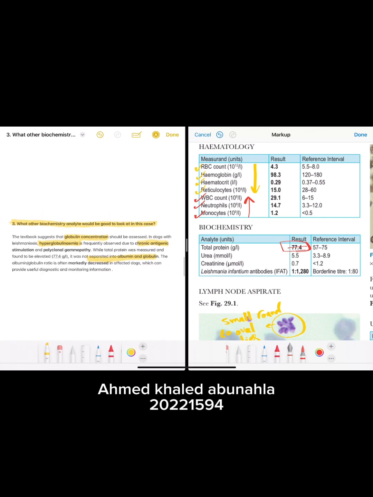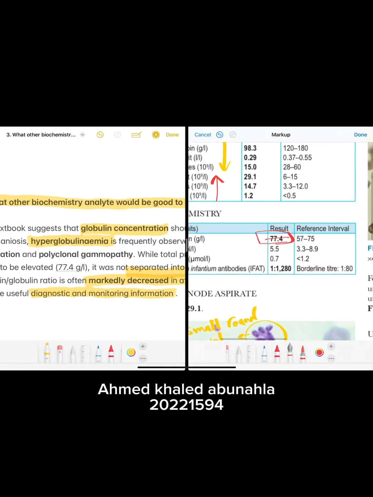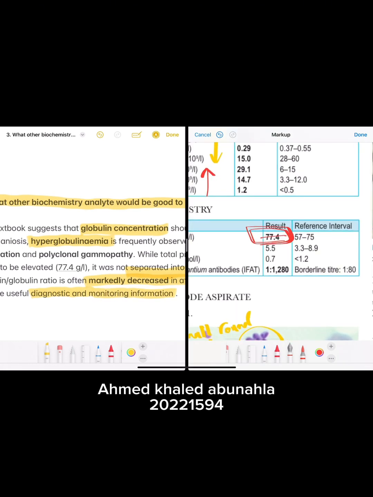The albumin-globulin ratio is often markedly decreased in affected dogs, which can provide useful diagnostic and monitoring information, but here it is not separated.